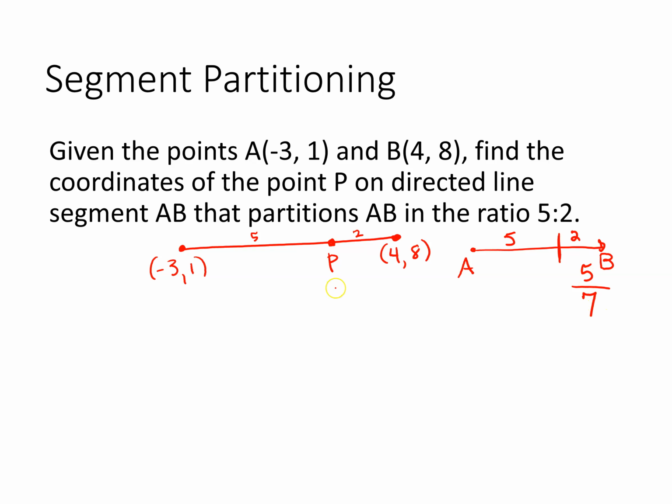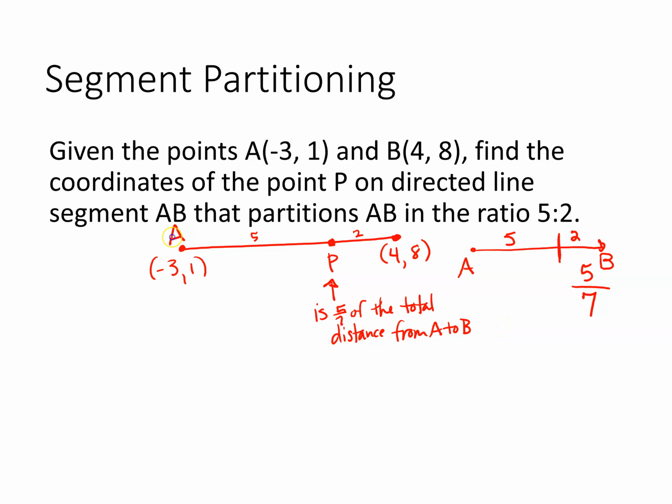So we can say that point P is 5/7 of the total distance from A to B.